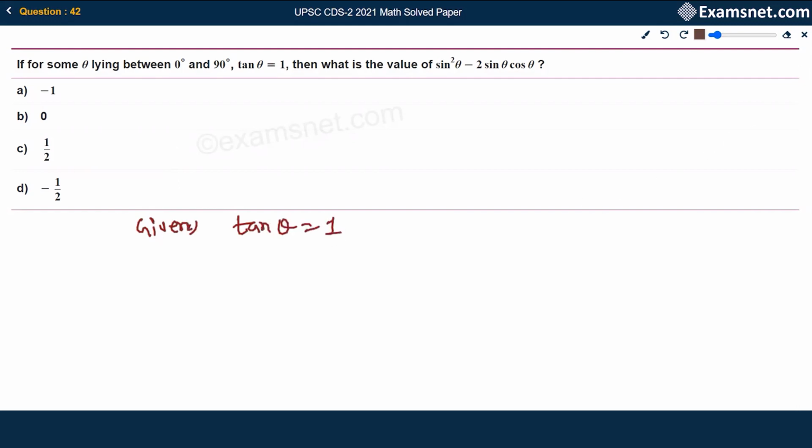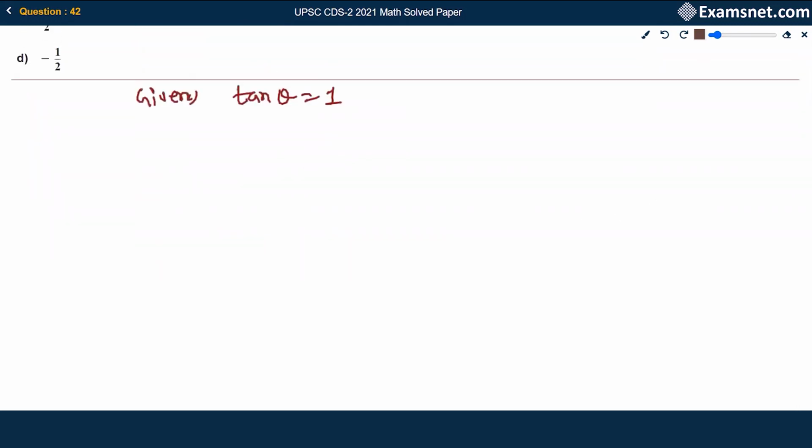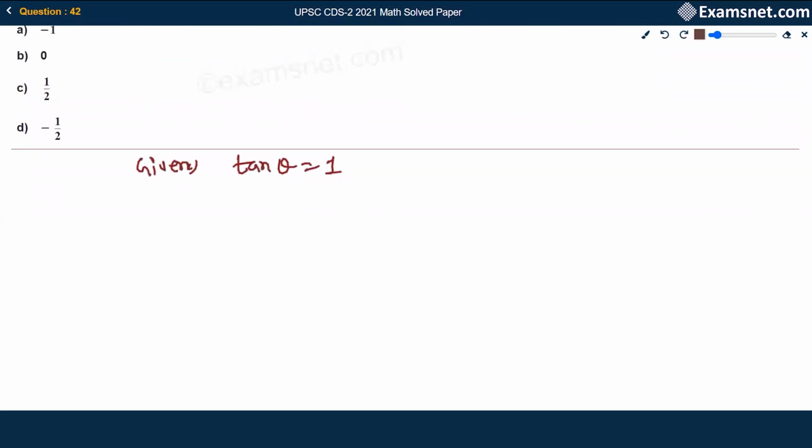We have to remember which acute angle theta gives us the value 1, that is 45 degree. Also, it is given that theta lies between 0 degree to 90 degree. So we can write tan theta equals tan 45 degree. So theta equals 45 degree, right?